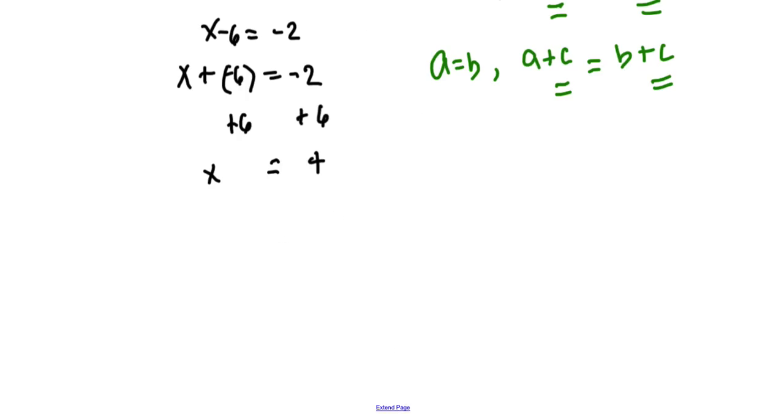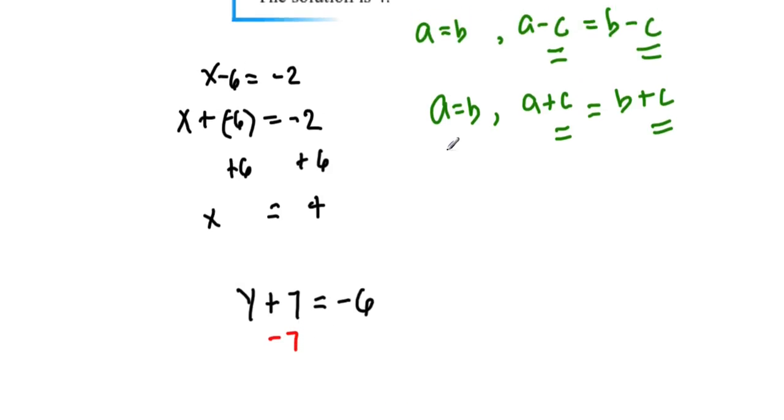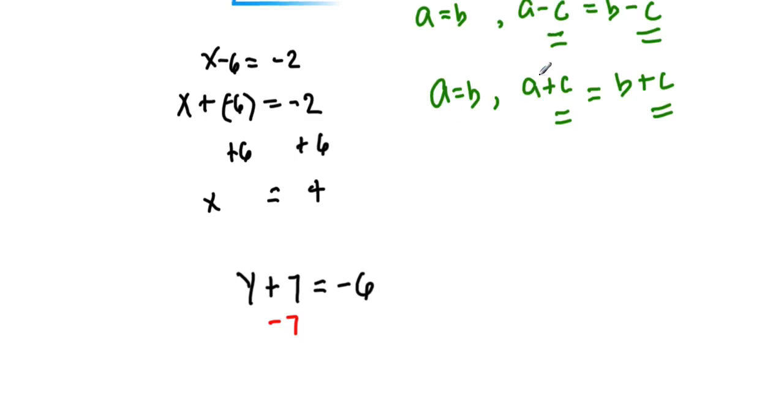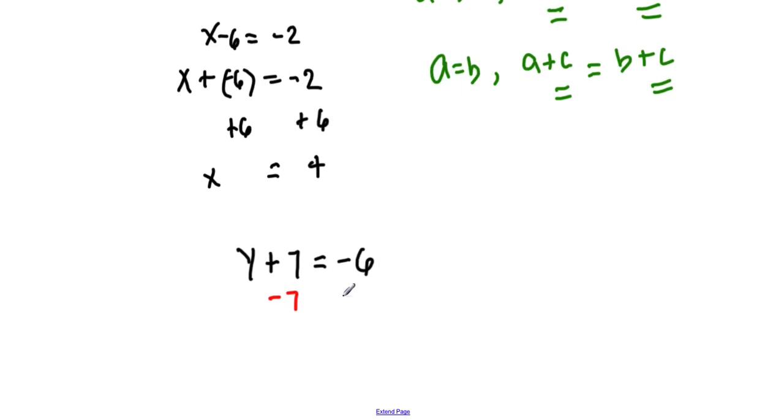Okay, let me give you another example. Let's say I have y plus 7 is equal to negative 6. Again, we need to undo 7. And to be able to undo 7, we need to do our inverse operations. The inverse operation of addition would be subtraction. So we simply subtract 7. And according to the subtraction property of equality, if we subtract 7 from one side, we need to subtract 7 from the other side as well.